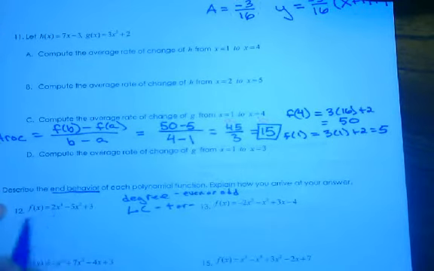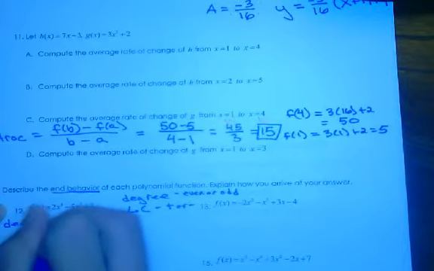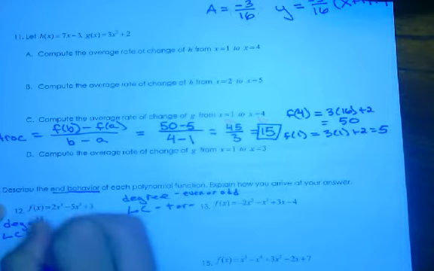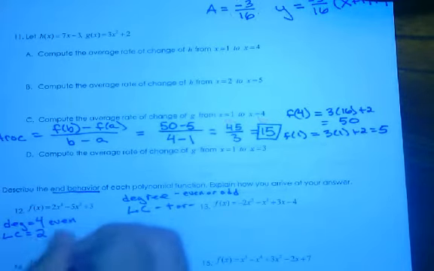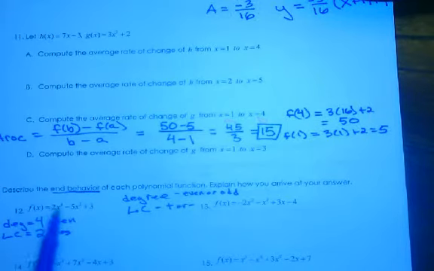So on number 12, it's a degree 4, and the leading coefficient is 2. 4 is even, and 2 is positive. So if you have a polynomial that has an even degree, that tells you it has the same end behavior on each end.